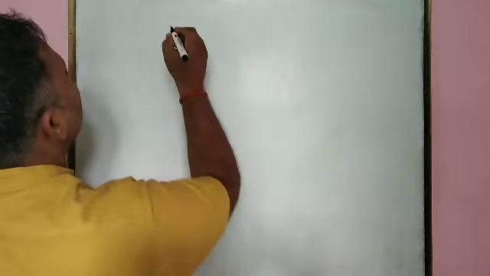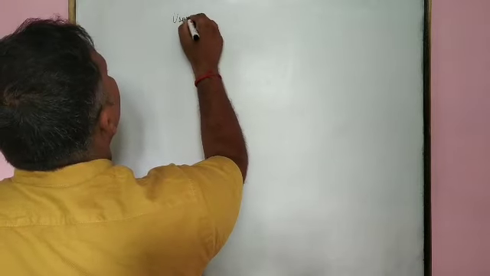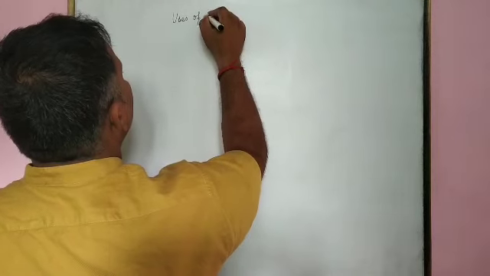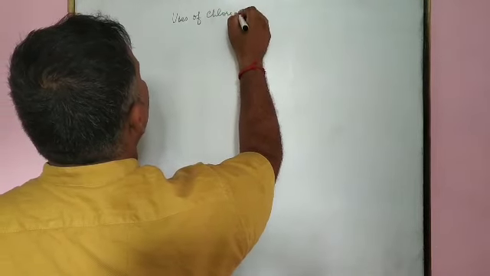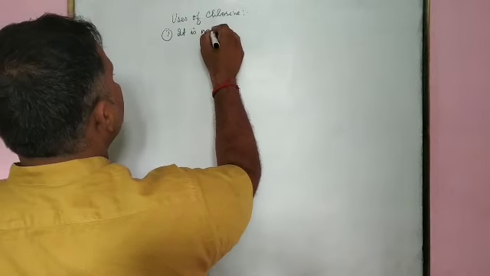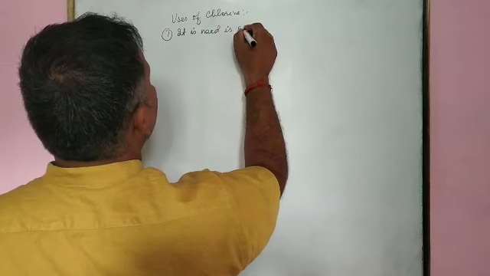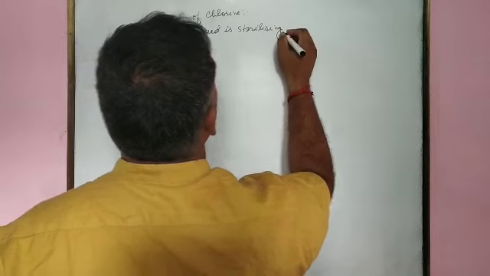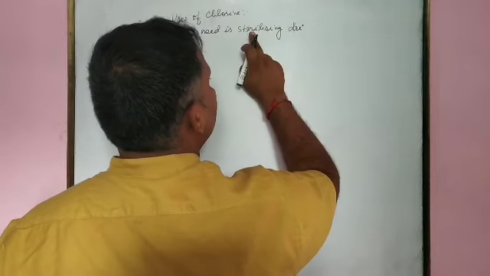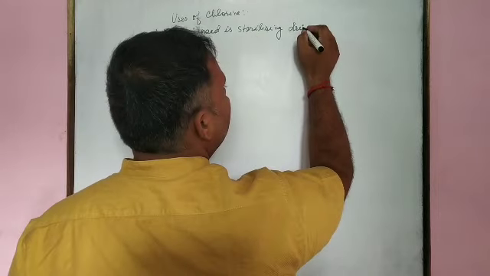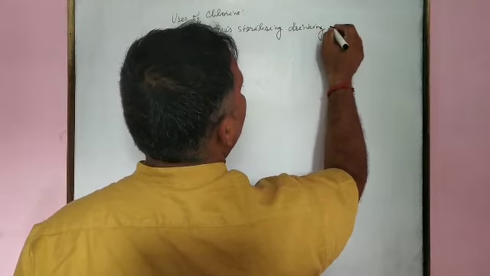Let us discuss uses of chlorine. The first one, it is used in sterilizing drinking water. Sterilizing means to kill the microorganisms present in the water.